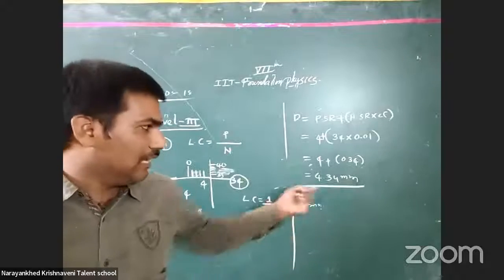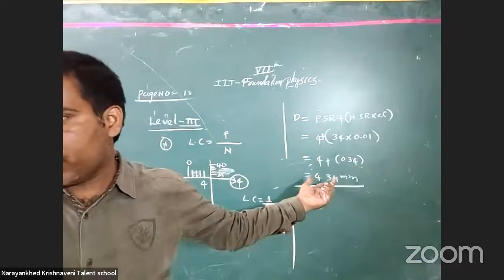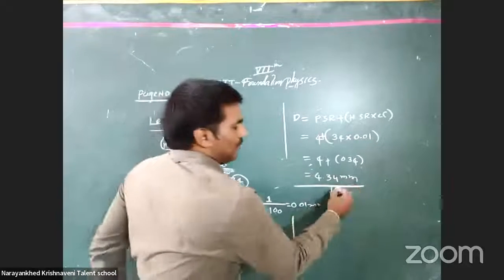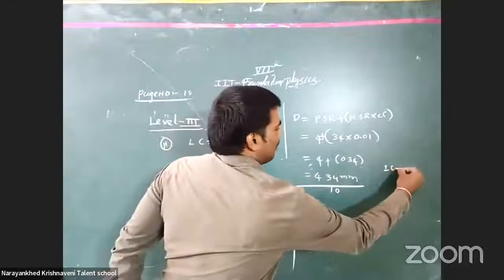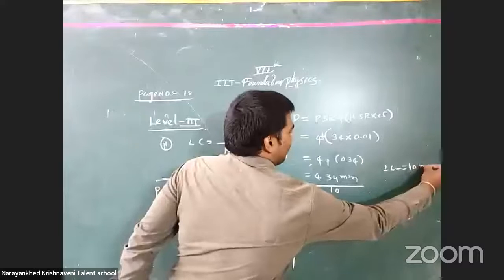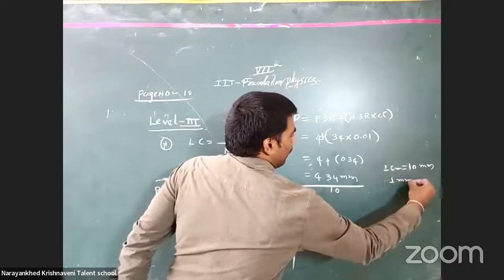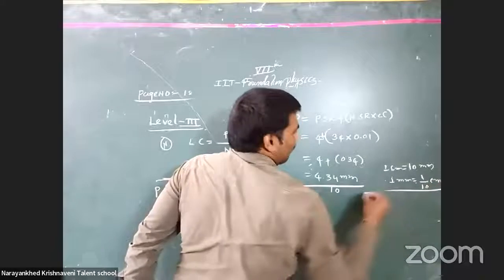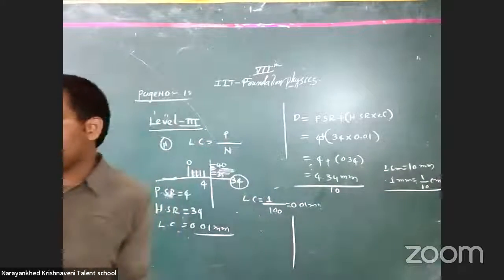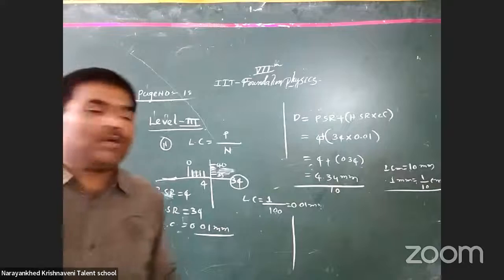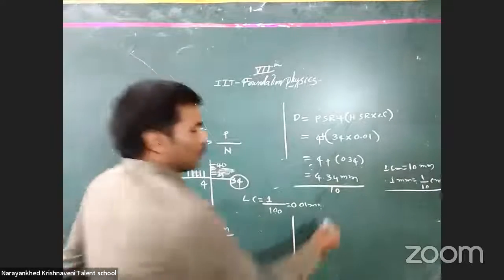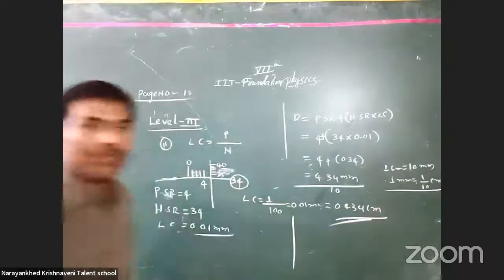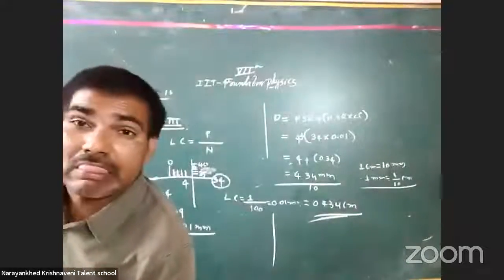To convert millimeter into centimeter, divide by 10. Why? Because 1 centimeter is equal to 10 millimeters, then 1 millimeter is equal to 1 by 10 centimeter. In this place you get 0.434. The answer is 0.434 centimeter. Do it.